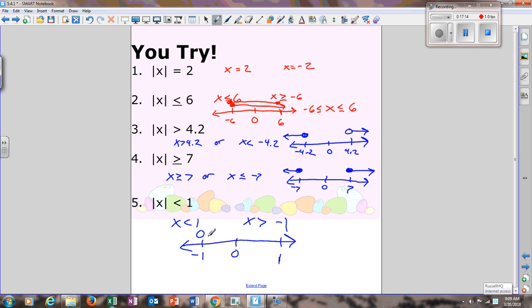It's less than 1, so it's going in this direction. Because we have this intersection where both lines are, it's an AND, which makes it negative 1 less than x less than 1, telling you x is in between 1 and negative 1.